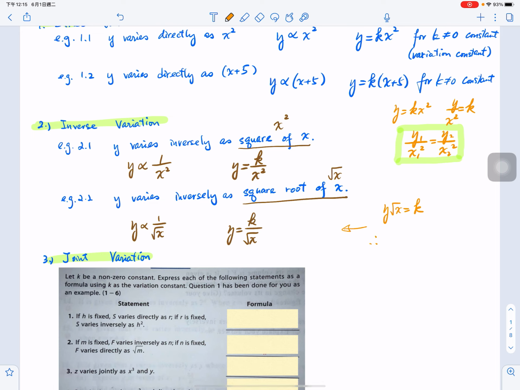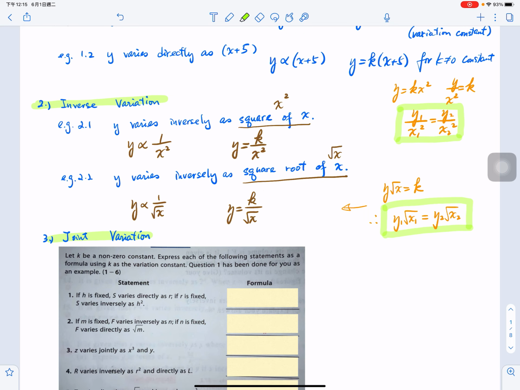That means y1 square root x1 equals y2 square root x2.